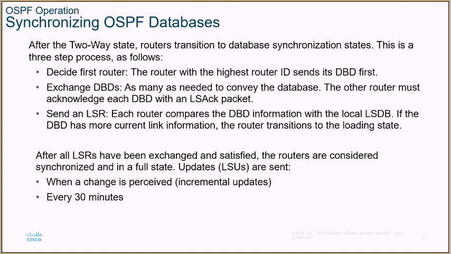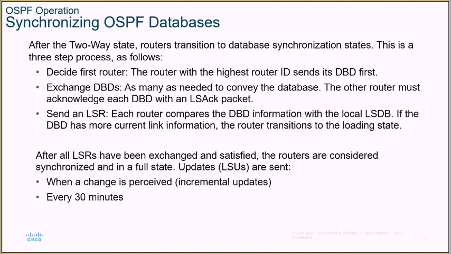After the two-way state, routers transition to database synchronization states. This is a three-step process. They decide who's going to be the first router to start the database description process. They exchange DBDs, and the other router must acknowledge each DBD with an LS acknowledgement packet, and then they send LSRs, requests, to update their information.